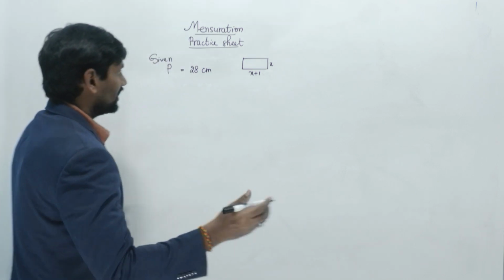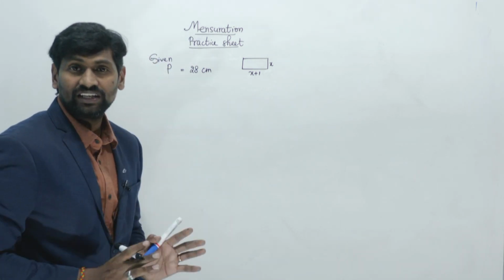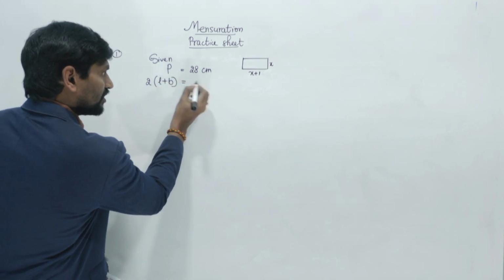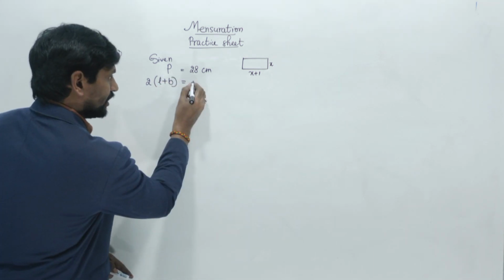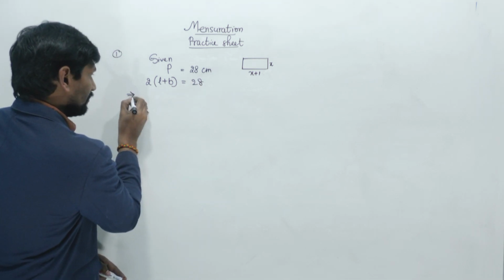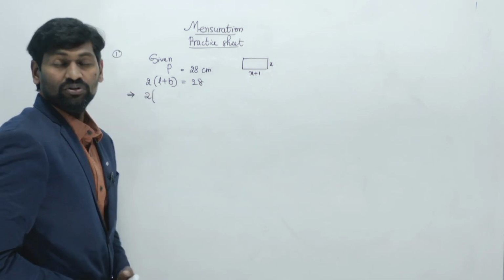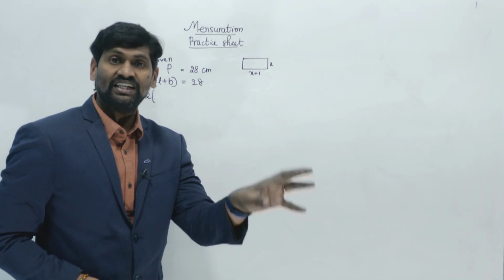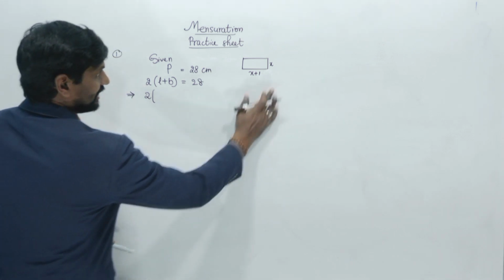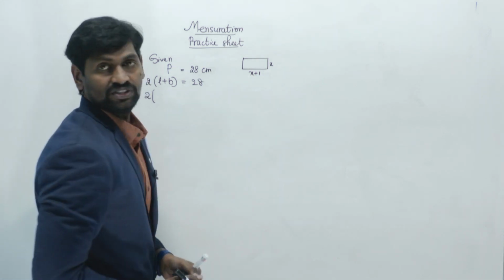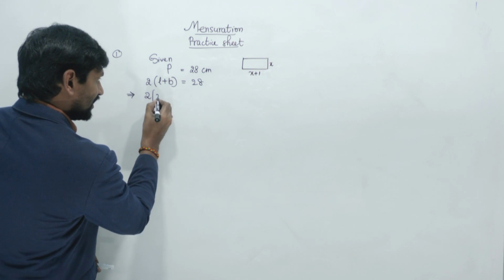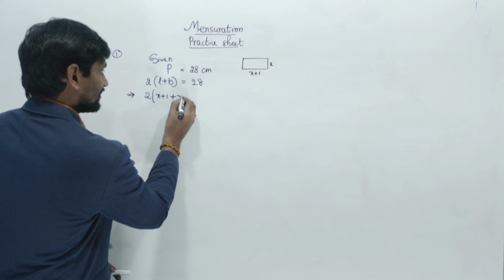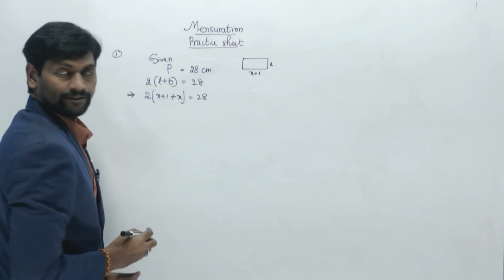What is the formula for the perimeter of a rectangle? Sum of all sides, nothing but 2 into (L plus B), and the value is 28 centimeters. But we don't know the length and breadth values. According to the first sentence, I have taken the length as x plus 1 and the breadth as x. So in place of length I write x plus 1, and in place of breadth I write x, equals 28.